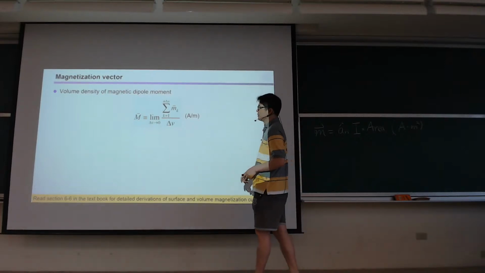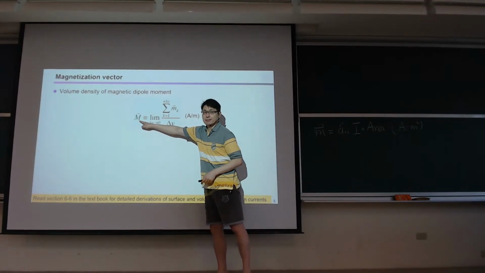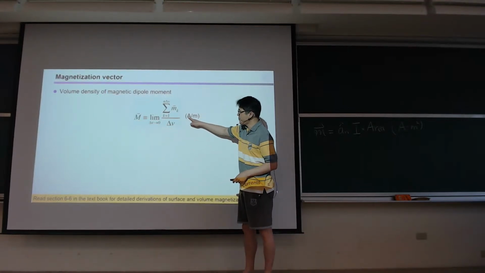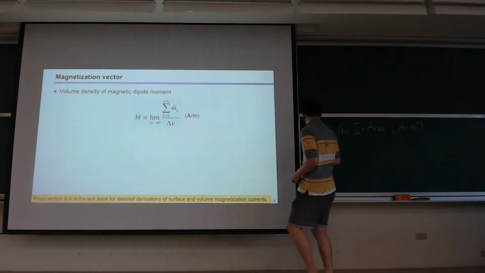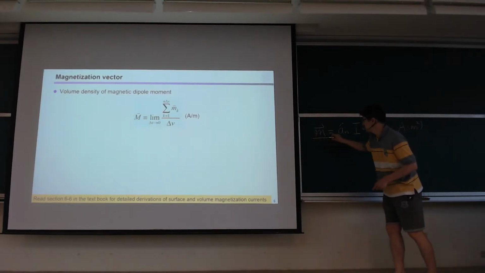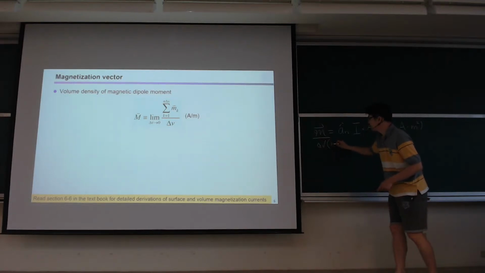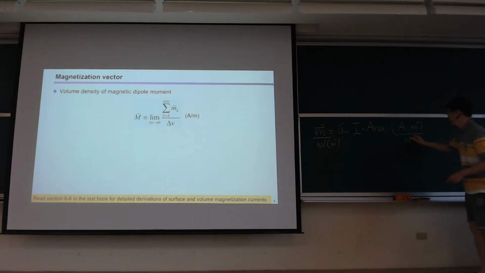All right? Now the unit for capitalized M is ampere per meter. Right? Because you have M divided by delta V, and delta V has a unit of meter cubed. So you divide this by meter cubed, then you have ampere per meter.